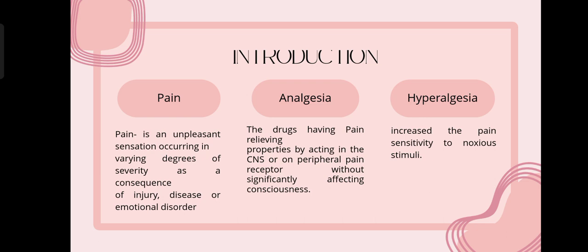So these NSAIDs basically do not have any role in the CNS. These NSAIDs, that is non-steroidal anti-inflammatory drugs, are known to show their action locally or at the site of injury, at the site of pain, without affecting consciousness.